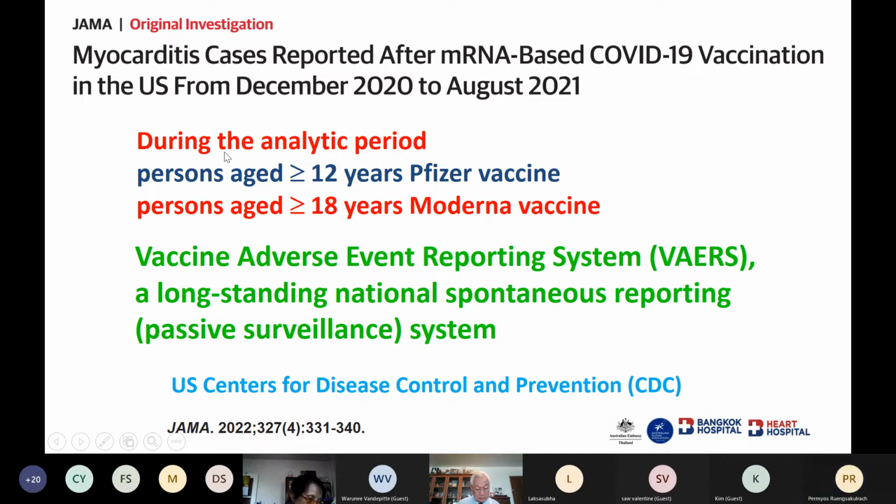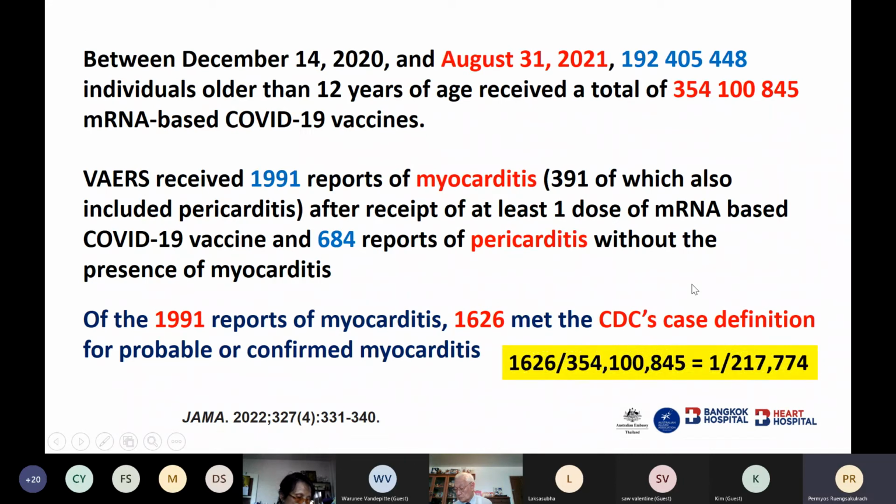Okay, and at this time, the Pfizer vaccine is for people over 12, and Moderna is for over 18 years. Okay. And I think the incidence of myocarditis or heart muscle inflammation from the vaccine.